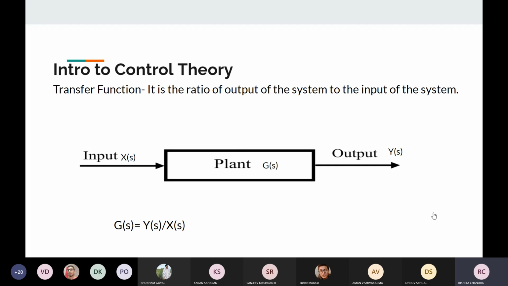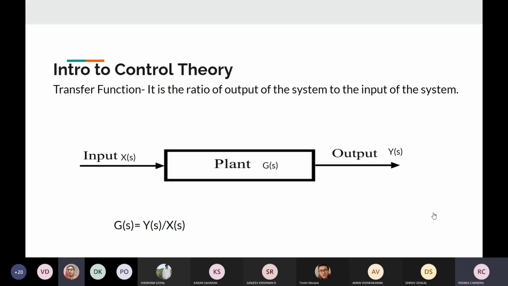What is the controller controlling? It's controlling the car, right? So the car becomes the plant, and the input is the roads and all the traffic, what kind of traffic is there, and the output is the speed control. Okay, so is it clear? This example is clear, right?